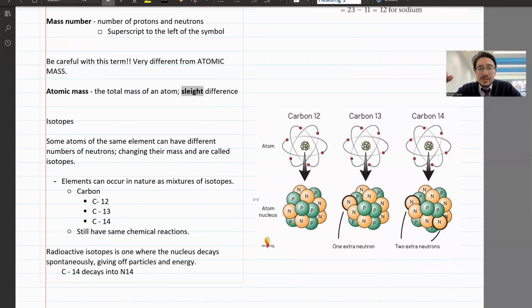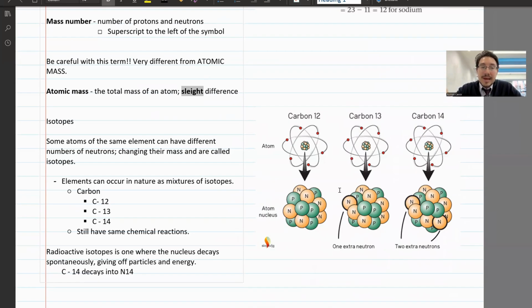So if you see this little visual here, you have carbon 13, carbon 12, carbon 14, right? They all have the same number of protons, but they have different numbers of neutrons. So that means that they'll have a different mass number.